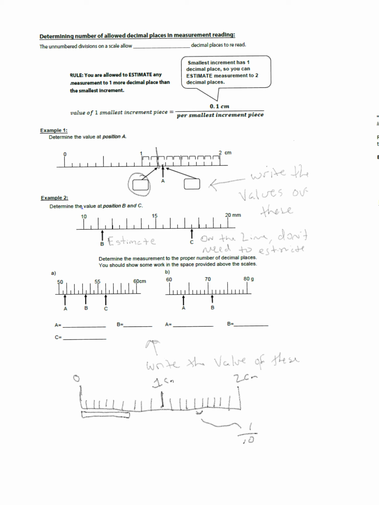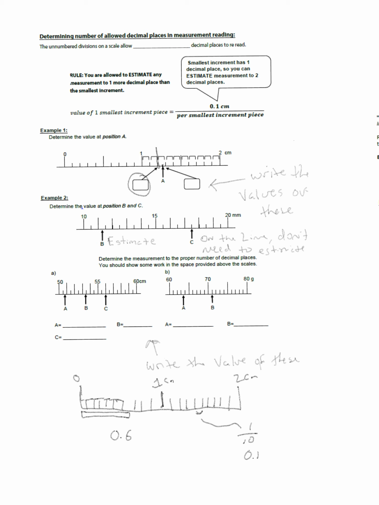In other words, they're 1/10 of a centimeter, or 0.1. So if I want to measure this object here, it's 0.1, 0.2, 0.3, 0.4, 0.5, 0.6. So I know it's 0.6.